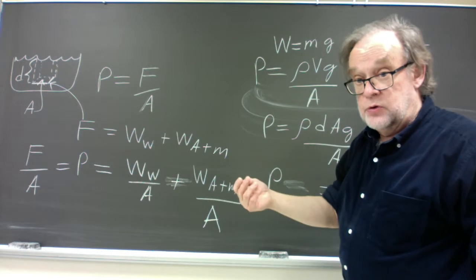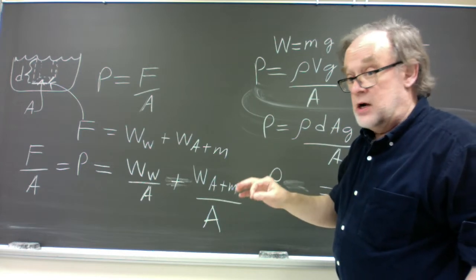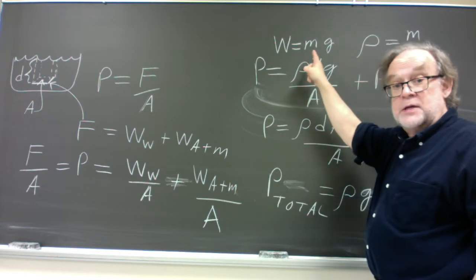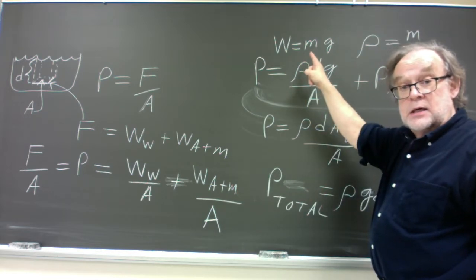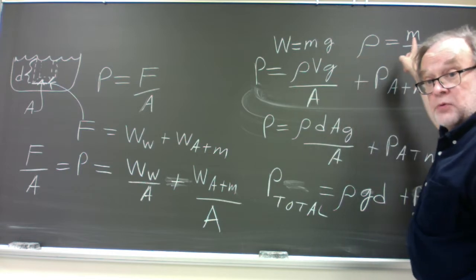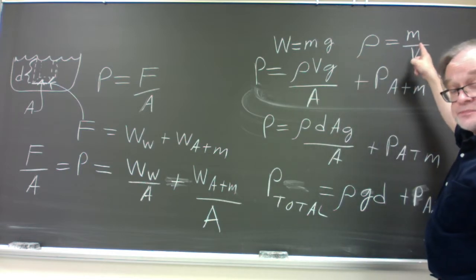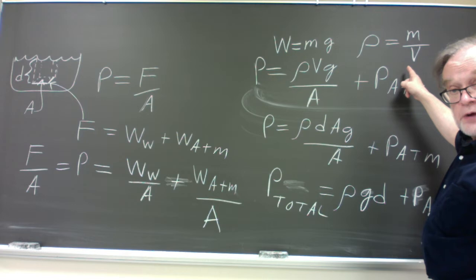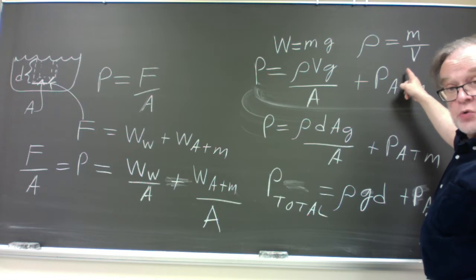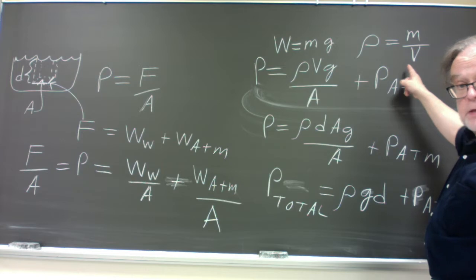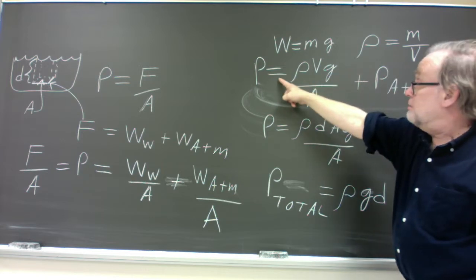And whenever we're dealing with fluids, it's very often going to be useful to think of mass in terms of density and volume. Density, remember, is the number of kilograms of mass in 1 cubic meter of volume. And so we could write mass as just density times volume. And that's what I do here.